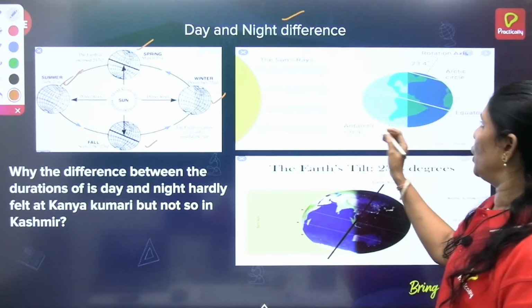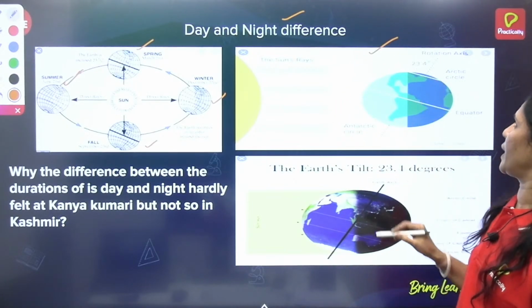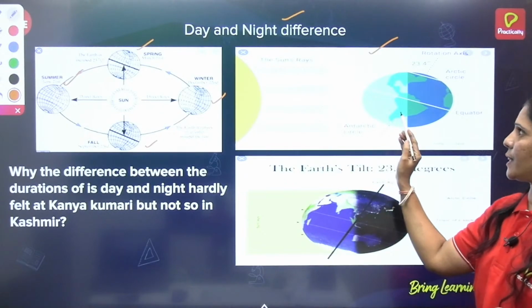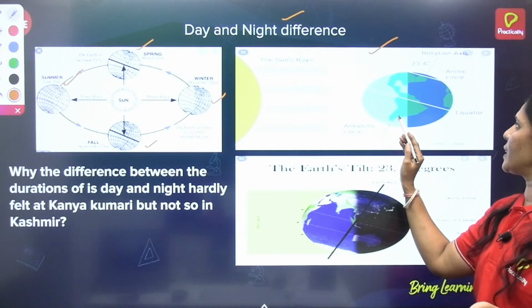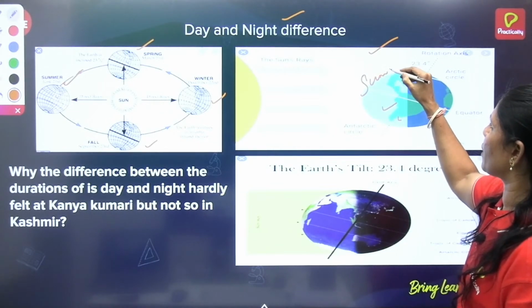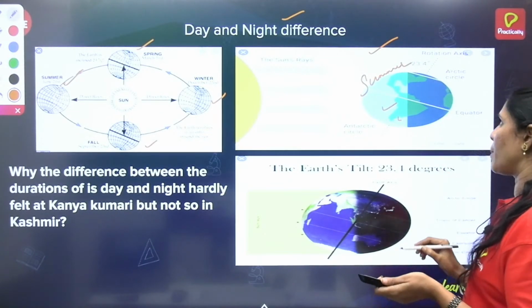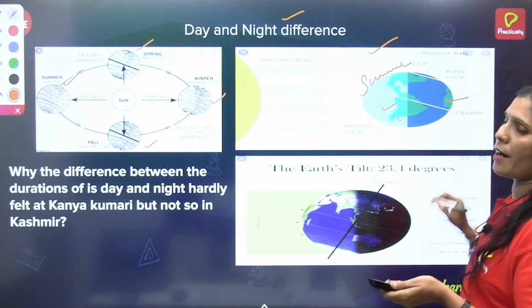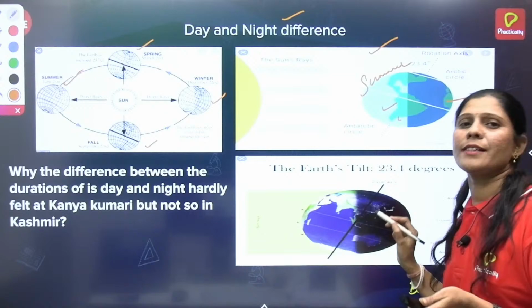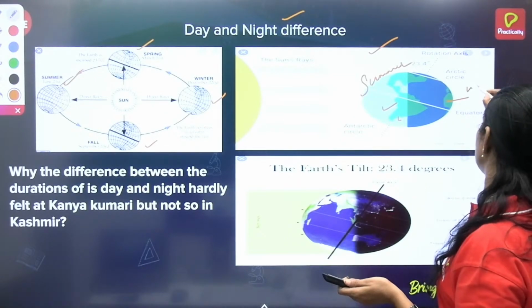Let us have a look at this image. You can have a clear look. The places facing towards the sun are experiencing summer. This hemisphere will experience summer. The places which are far, in this hemisphere, experience winter.